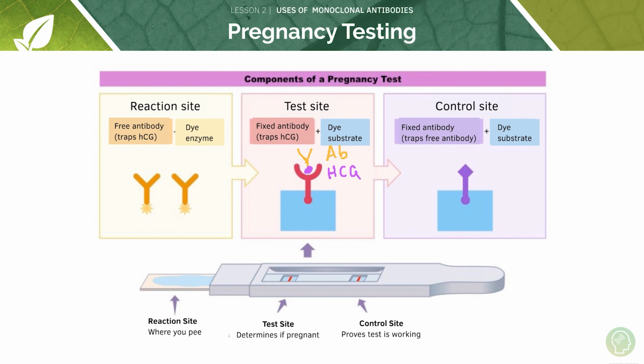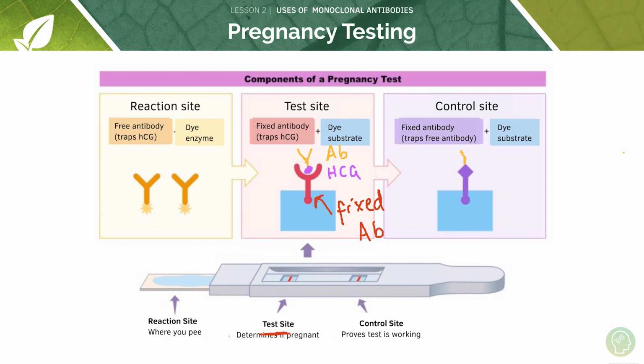That's your antibody, whereas this is your fixed antibody, which is located on the test site. And then that reaction is going to occur in the pregnant woman, but then also we're going to get the movement of any free antibody that hasn't bound HCG just by chance, and that's also going to bind here.